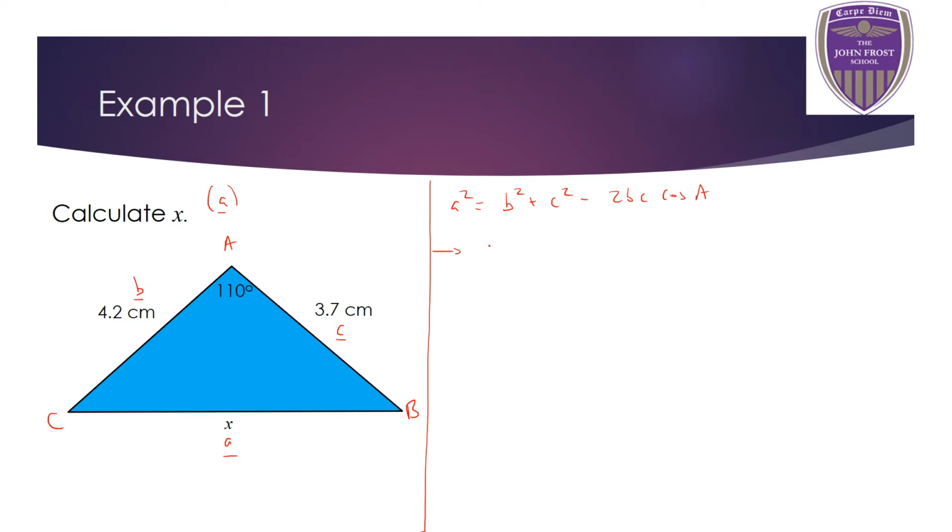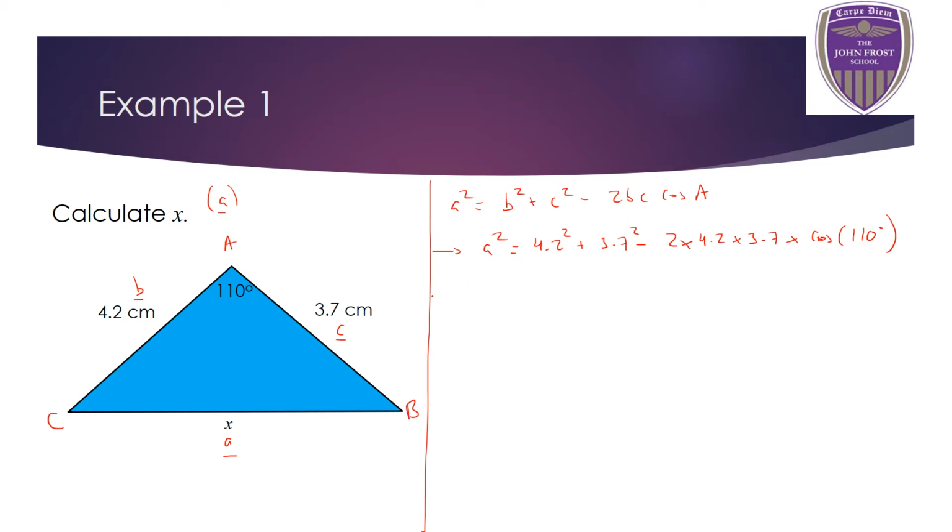Put your numbers in. I don't know what A squared is, but B squared will be 4.2 squared. C squared is 3.7 squared. Take away. Now remember, 2BC means 2 times B times C, still multiplied by cos A. Now A is 110. I'll put it in brackets, okay, because the calculator is like the brackets for these trig functions.